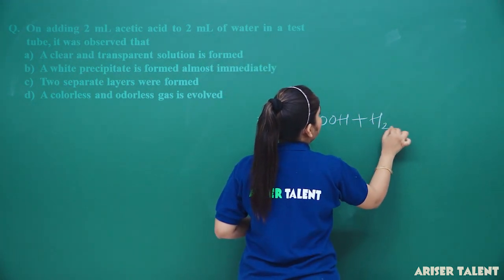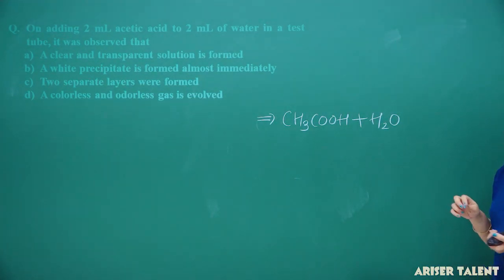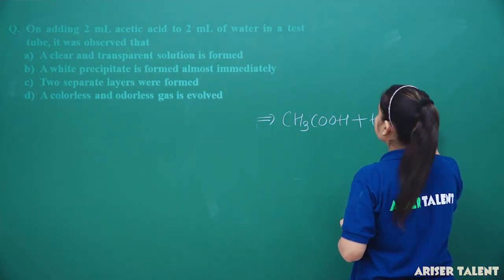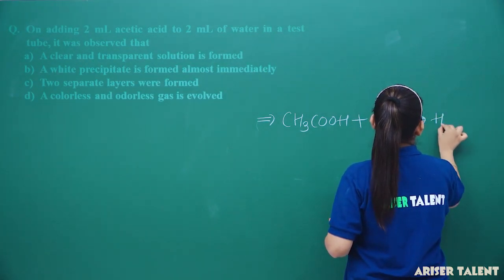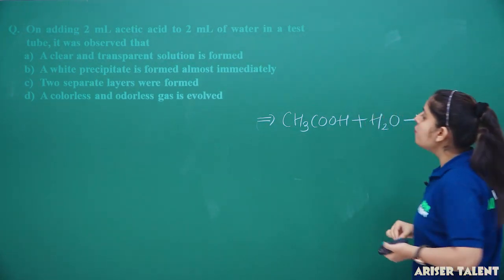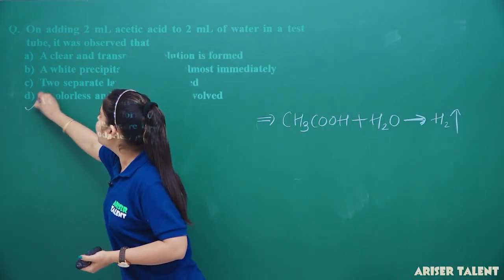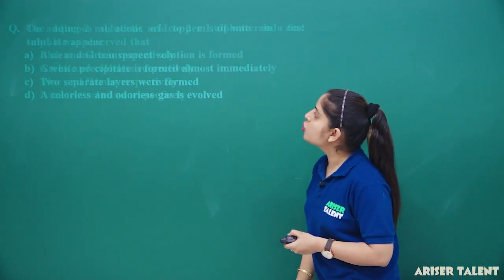If I add water to the acetic acid, I can see that hydrogen gas will be evolved in this process. So the correct option will be that a colorless and odorless gas is evolved. So now we are coming to our next question.